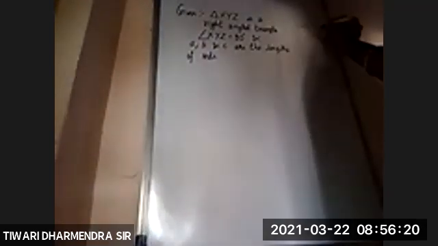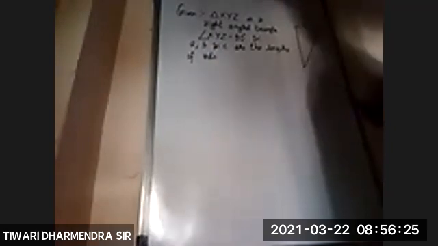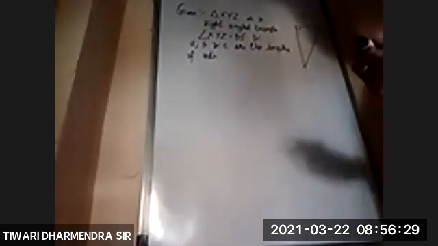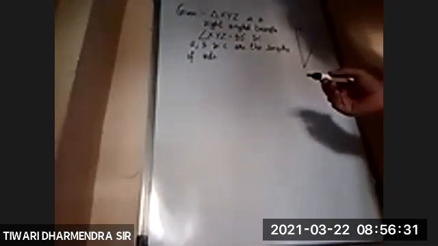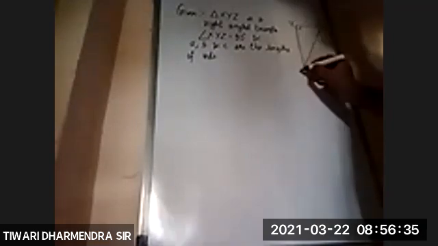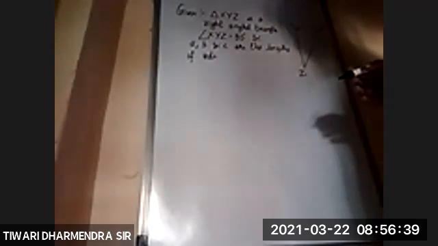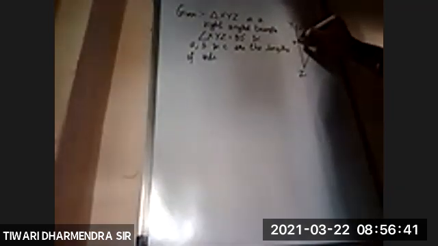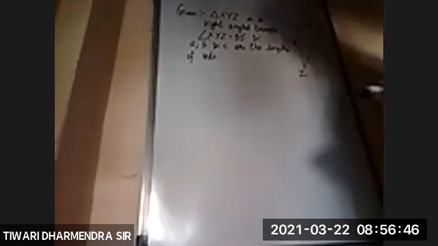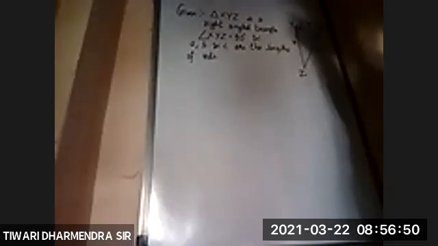I will draw this. So this is our right angle. Here they have said Y should be the right angle. So X, Y, Z, and a is YZ, b is XY, and c is our hypotenuse.